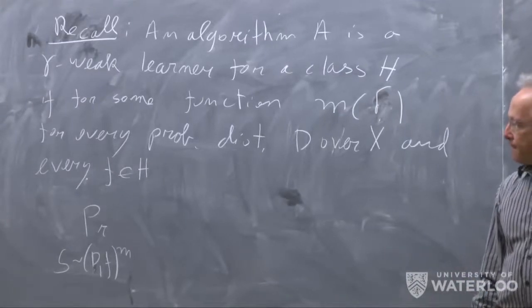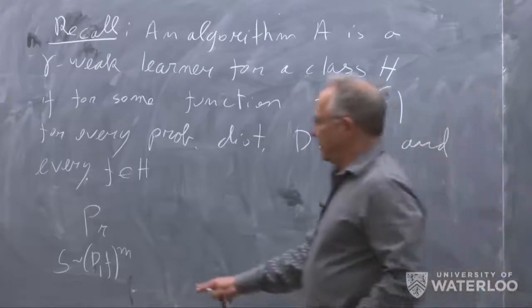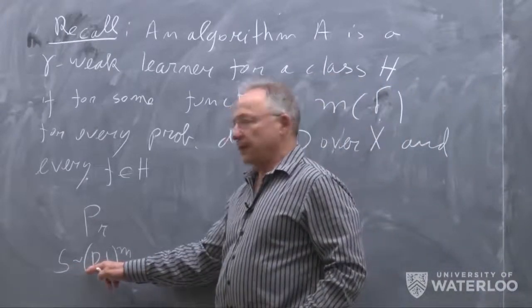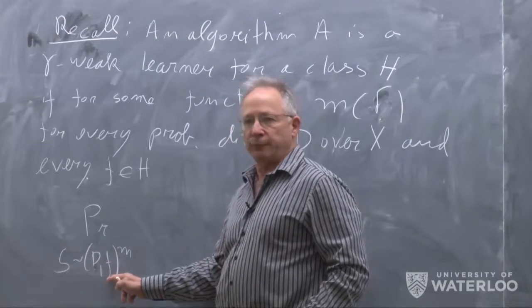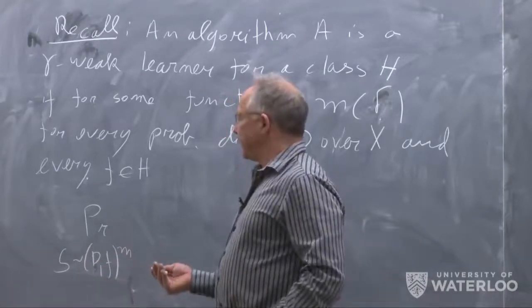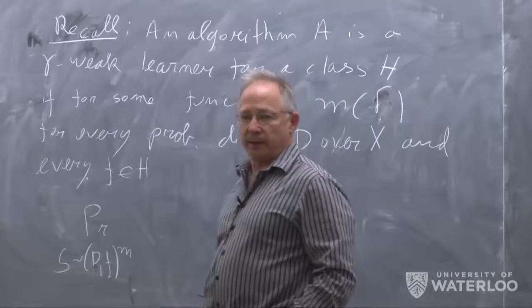So what I'm saying is that we look at samples drawn IID m times from D and labeled by f. We feed this sample to our algorithm, and we check its error.